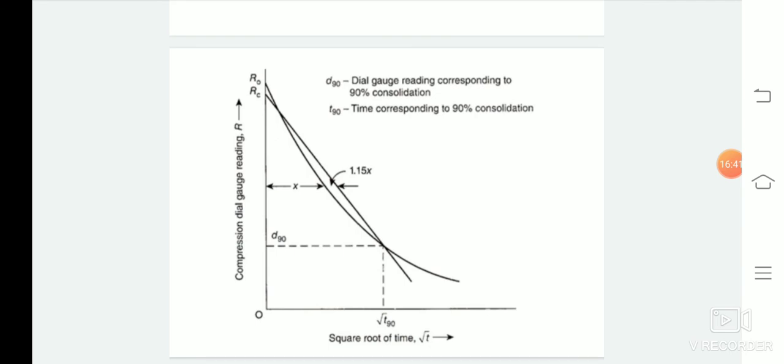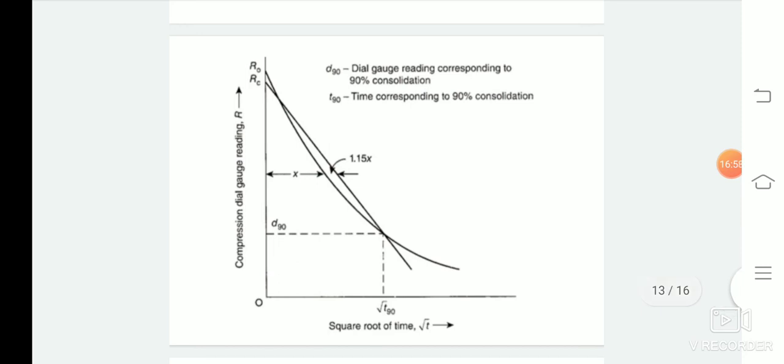Then the coefficient of consolidation can be computed from the relation CV equals T90 into D square divided by small t90, where capital T90 is the time factor corresponding to 90% degree of consolidation, which is also equal to minus 0.9332 log base 10 of (1 minus 0.9) minus 0.0851, whose value is given by 0.8481.